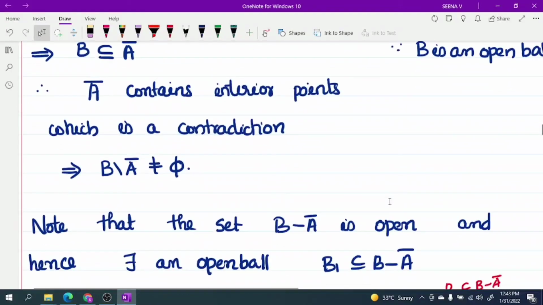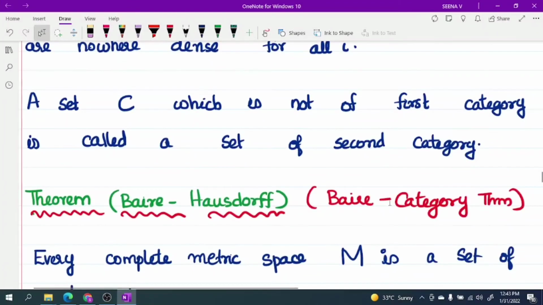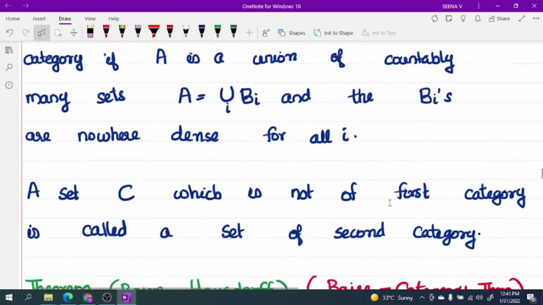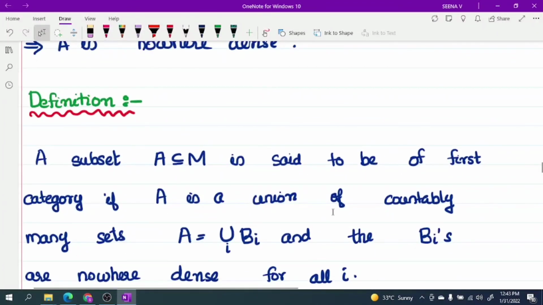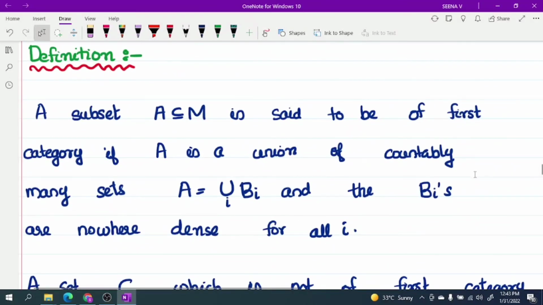Then we have discussed the Baire category theorem, and there is one result. A set A is said to be of first category if A is a union of countably many nowhere dense sets.